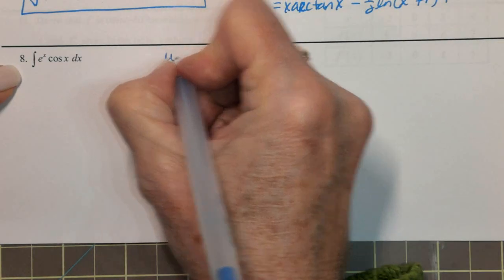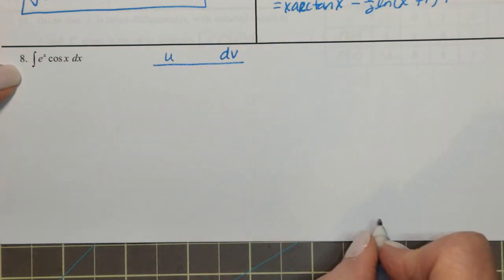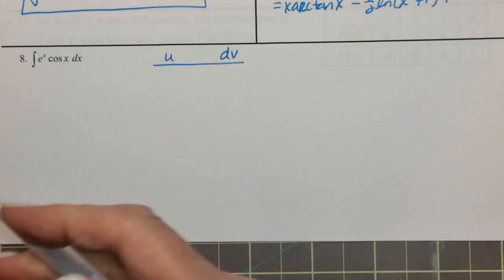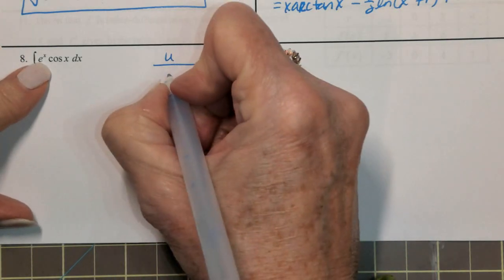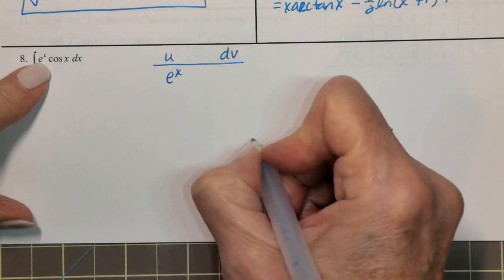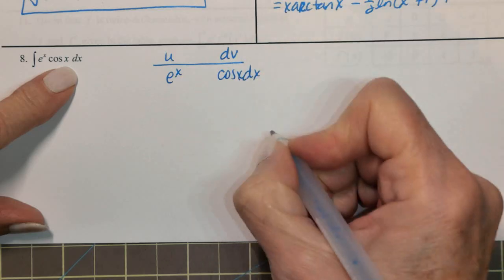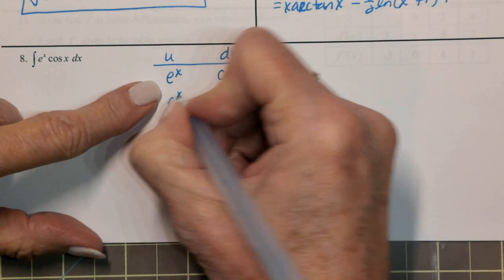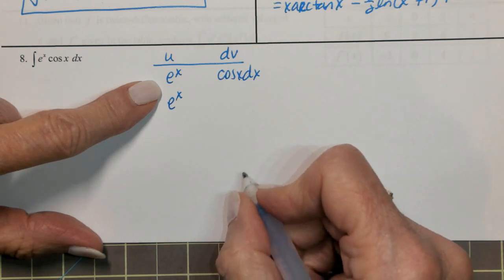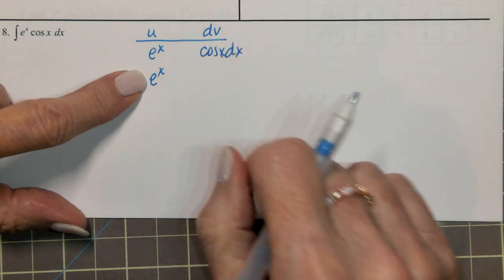So, u and dv. So, no log, no inverse trig, no exponential. So I'm going to let u be the e to the x. dv is everything else. We take the derivative of e to the x, and that is e to the x. Now, if I did what I've been doing, I would stop right there and do my multiplying.